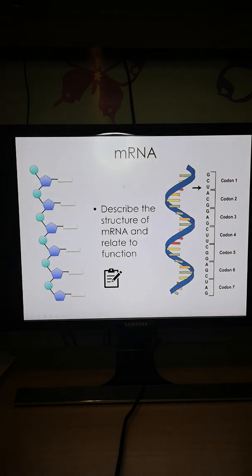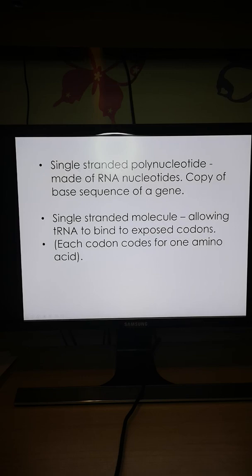For messenger RNA, can you have a go now at describing the structure and then try to relate that to its function? You can use your keynotes. Pause and then replay. It's a single-stranded polynucleotide, made from RNA nucleotides. It's a copy of the base sequence of a gene.